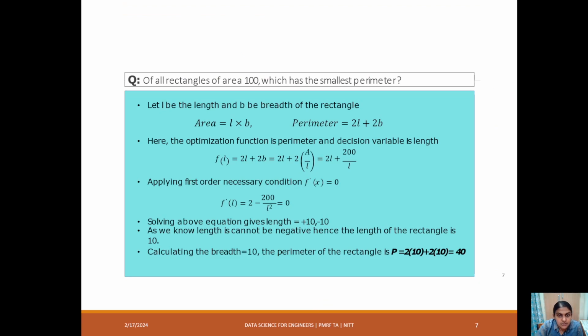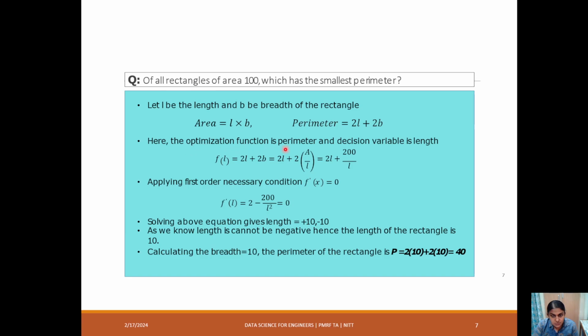Now, of all the rectangles of area 100, which has the smallest perimeter? So I have already given the answer. Let L be the length and B be the breadth of the rectangle. Then area can be given as length into breadth, that means L into B, and perimeter can be given by 2L plus 2B.